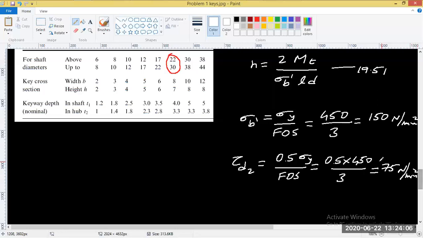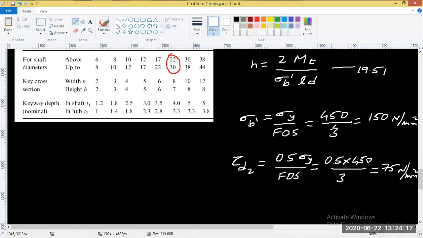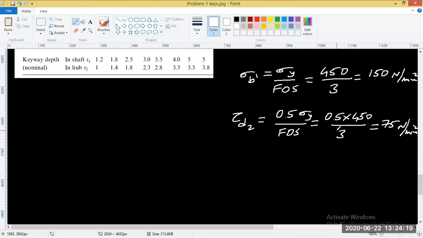Okay, so now we have the extreme values of stress. So using these two, whichever length will be maximum, that's what we use. B and H, substitute both of these values here and find the length. So substituting, it is 8 equals to 2 into torque.